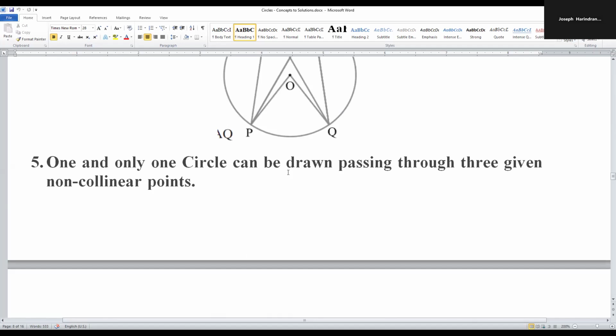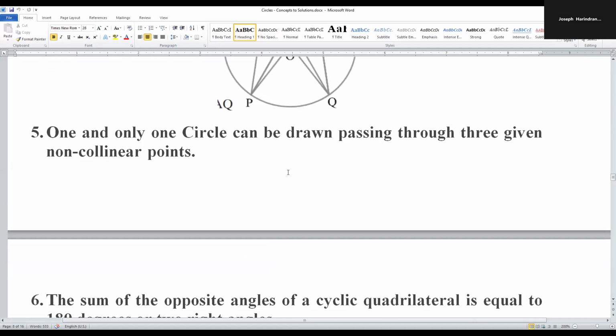The term given to these points is concyclic. If 3 or 4 points lie on a circle, those points are said to be concyclic.